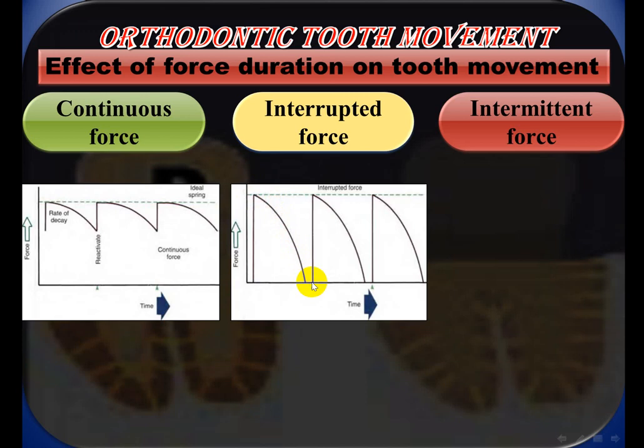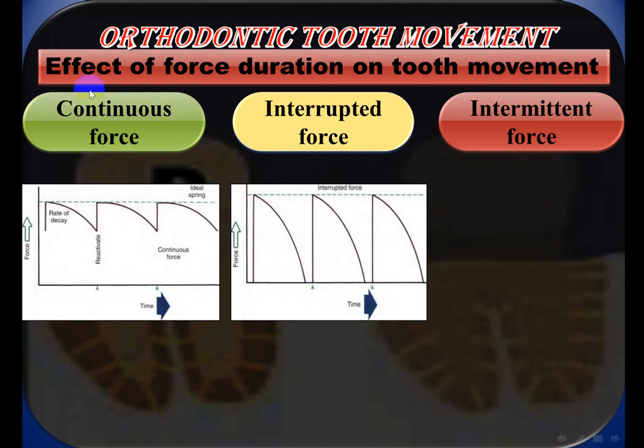Then after the next appointment and reactivation, it will again reach its original optimal force. Then after a duration of time, it will decline to the 0 level and continue so on. This interrupted force type needs activation.